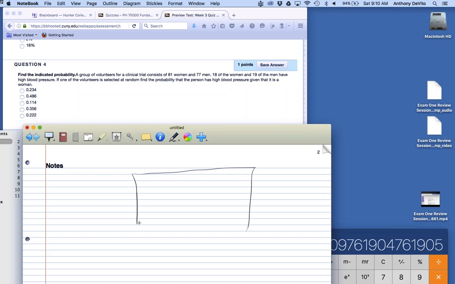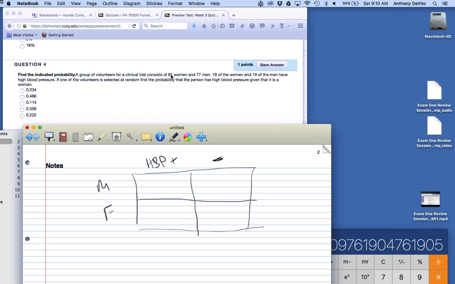Okay, so it's 2 by 2. We have 2 exposures. I'm going to call the gender the exposures, male and female. And we have 2 outcomes in the columns, which would be high blood pressure and they don't have high blood pressure. So how many males?